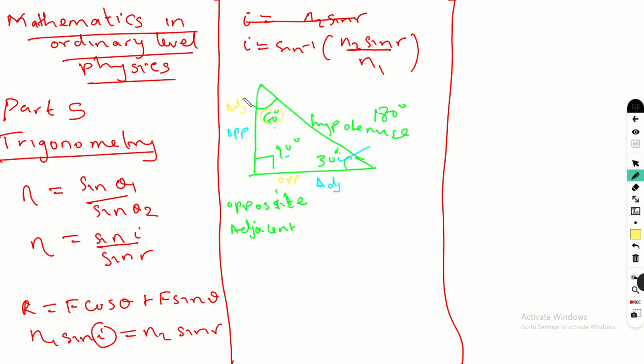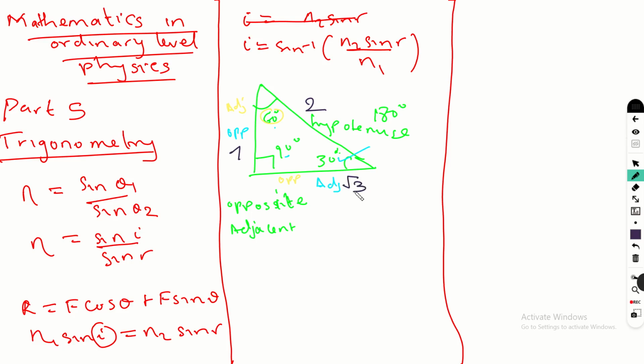Now let's look at these things and see how we are able to solve and get the different angles. Normally in maths, they have the hypotenuse with a value of 2, this side is 1, and this side is root 3.